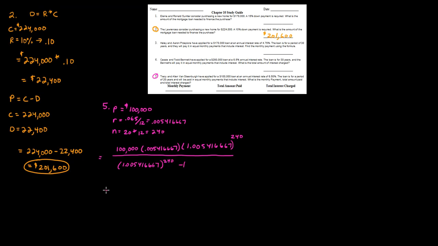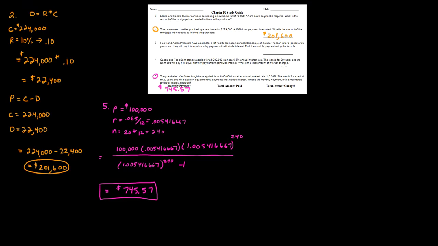All right, so when I work all that out, it's going to end up giving me a monthly payment of $745.57. So that's my first answer here. $745.57 is my monthly payment, which then brings me to the next part.